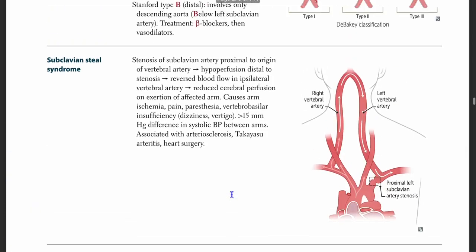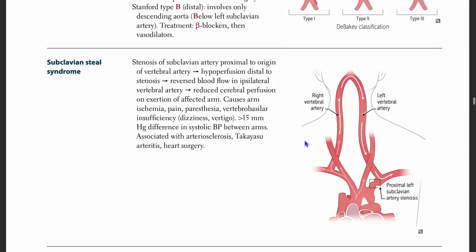Okay, just make sure that the steal syndrome steals the blood from the other side onto the side of the stenosis. So there will be less blood for the brain, so you'll have dizziness and vertigo. There will not be enough blood for the supply, right? So if it's going to the left arm, it's not going to have enough supply there, so you're going to have pain in that side of the arm.